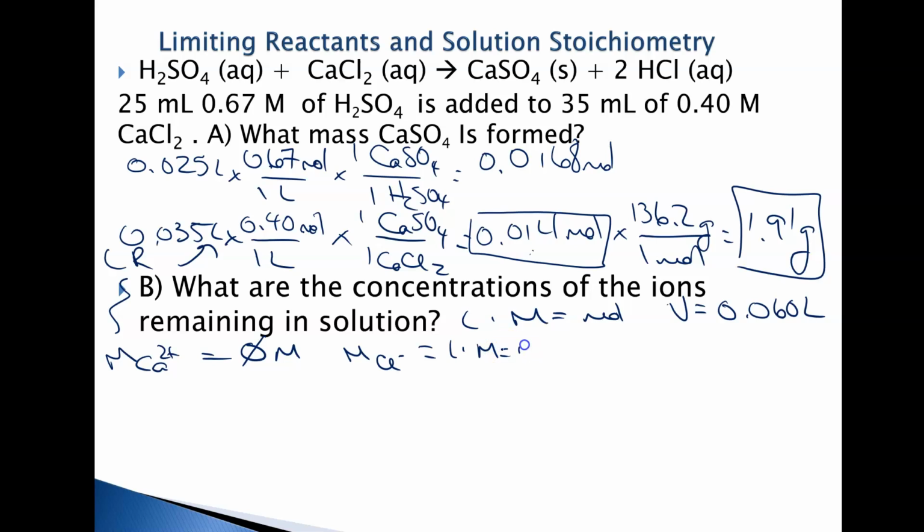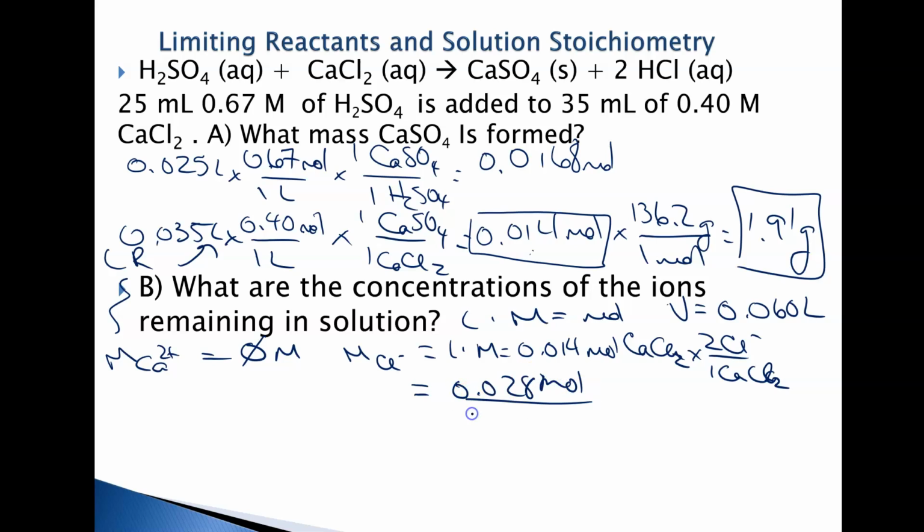So 0.014 moles of calcium chloride, and then I need to multiply by 2 chlorides for one of them. So that gives me 0.028 moles over 0.06 liters. So the molarity of that is 0.47 molarity. That's one of them.